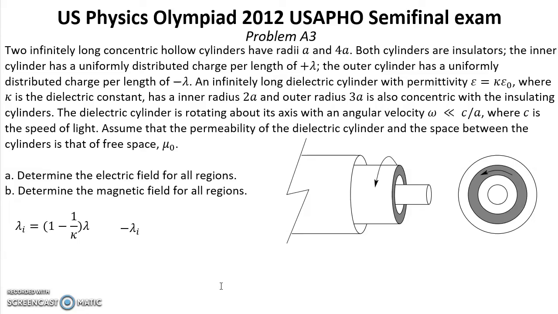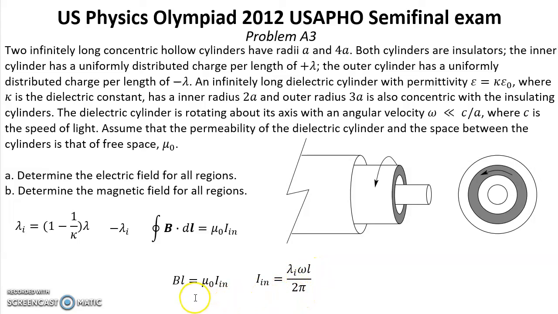In that case we can write Ampere's law, and on this loop we have this equation. This line integral must be equal to mu 0 multiplied by the current through this loop. It means that this integral equals B L, which is equal to mu 0 I in, and I in equals lambda i multiplied by omega L over 2 pi.